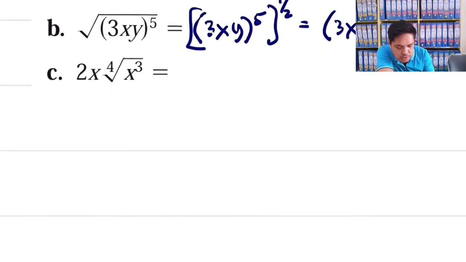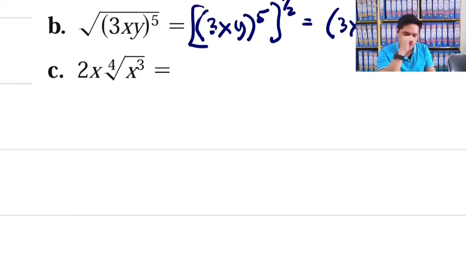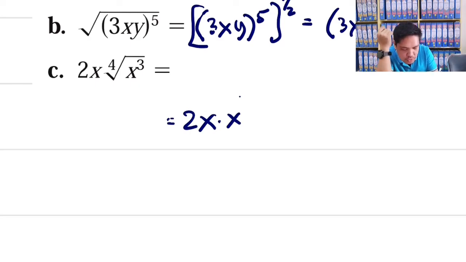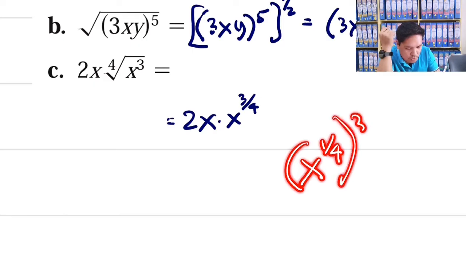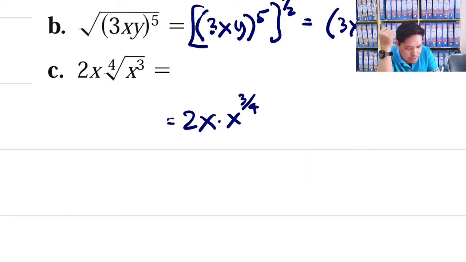How about letter C? How do we do this? That would be 2x times the 4th root of x cubed. That would be x raised to 3/4, because this is 1/4 raised to 3: x raised to 1/4, then raised to 3, so that's raised to 3/4.